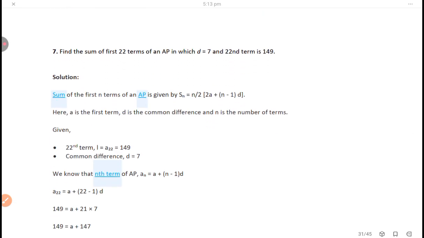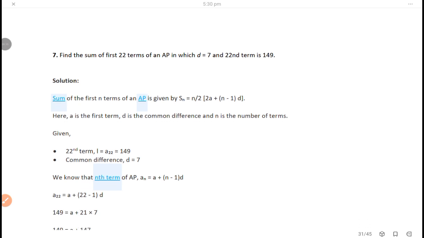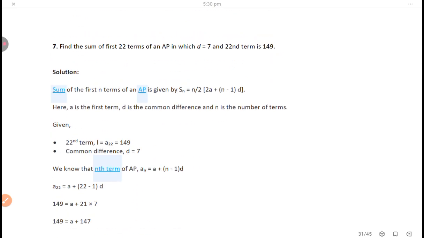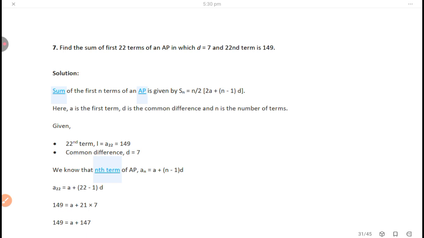Seventh question. Find the sum of 22 terms of an AP in which d is 7 and the 22nd term is 149.